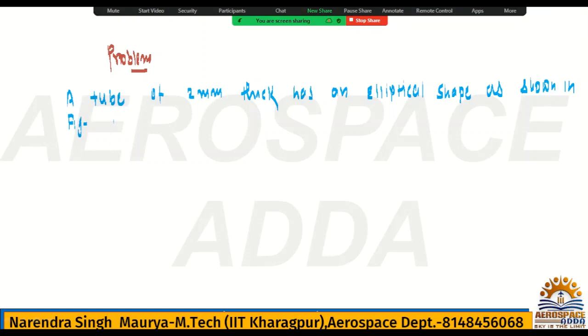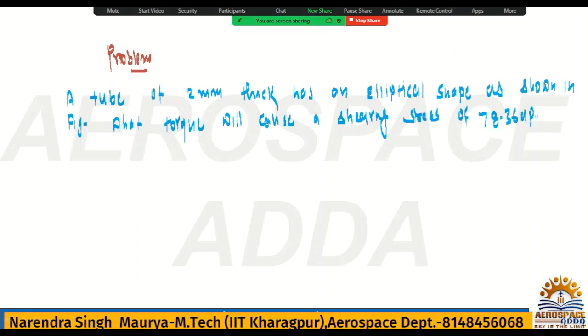What torque will cause a shearing stress of 78.36 megapascal?